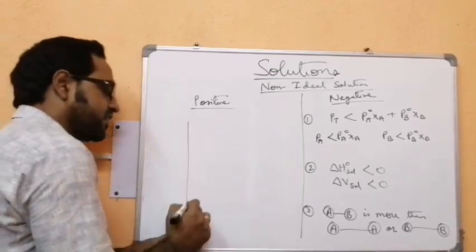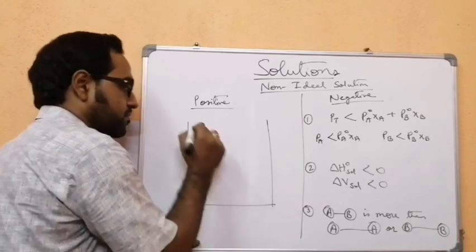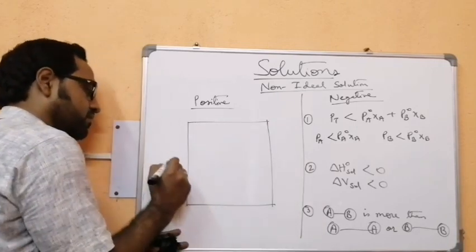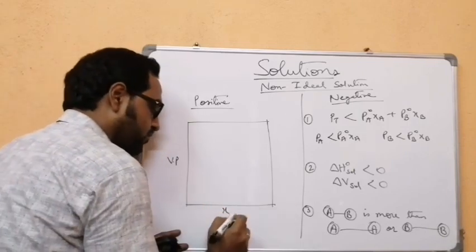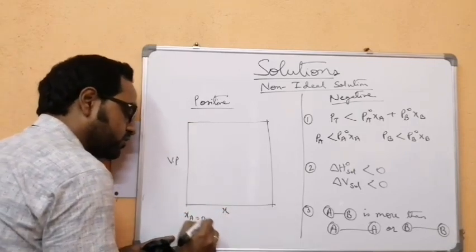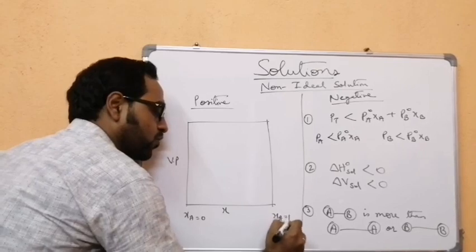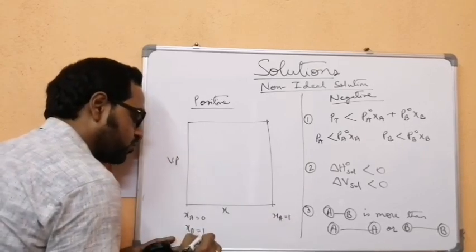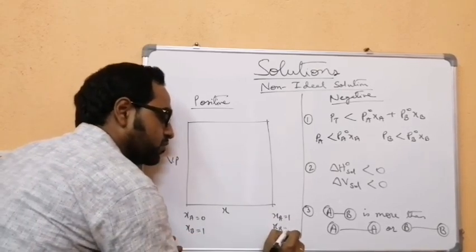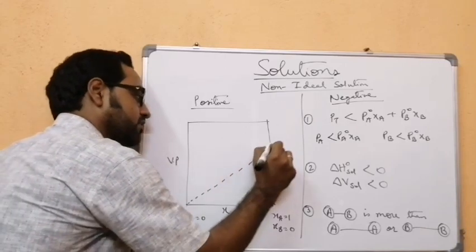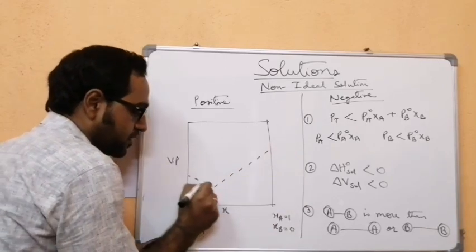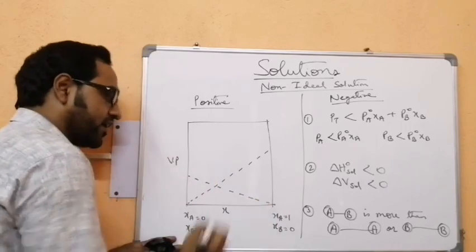So for positive deviation, this is the vapor pressure axis, this is the mole fraction axis, XA equal to 0, XA equal to 1, XB equal to 1, XB equal to 0. So we have the ideal solution equation like this, the dotted line.